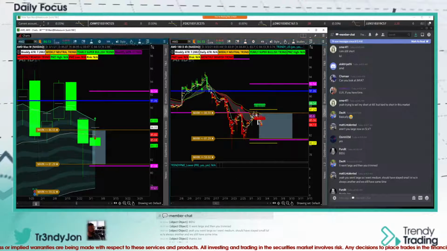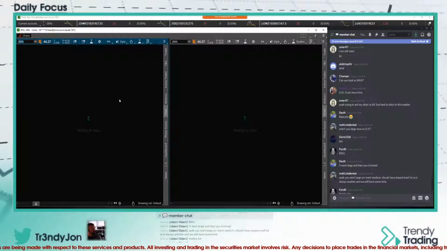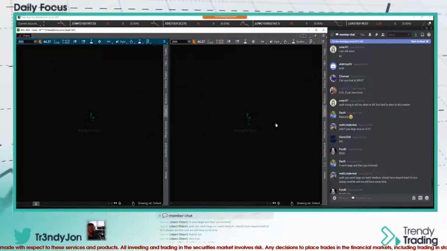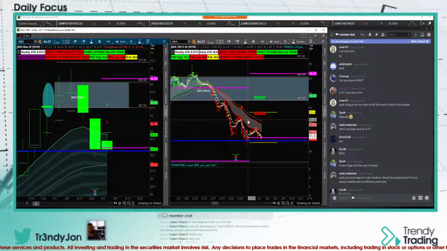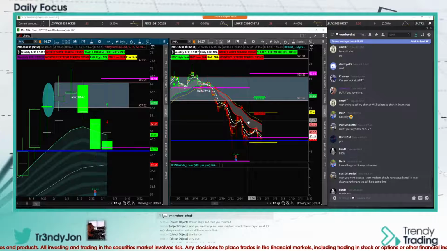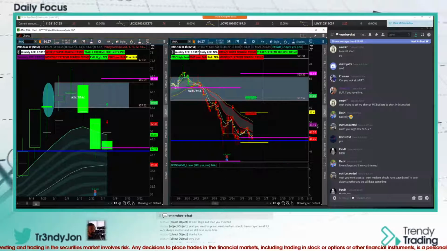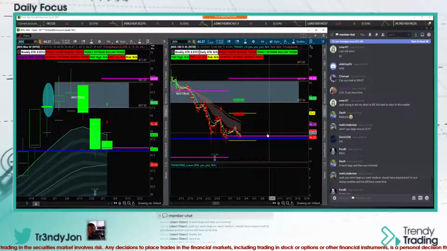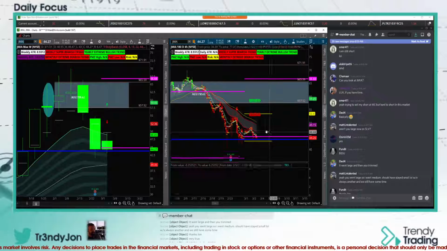All right, and let's look at JMIA. 44.26. This is really nice. Look at all these different support lines in here.